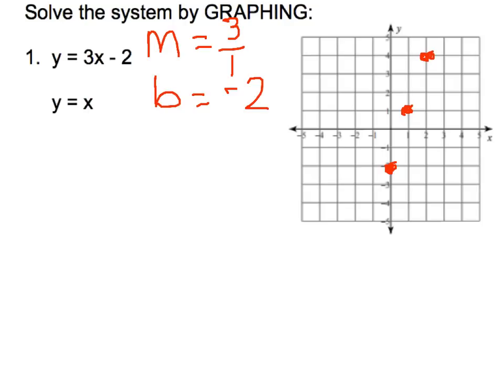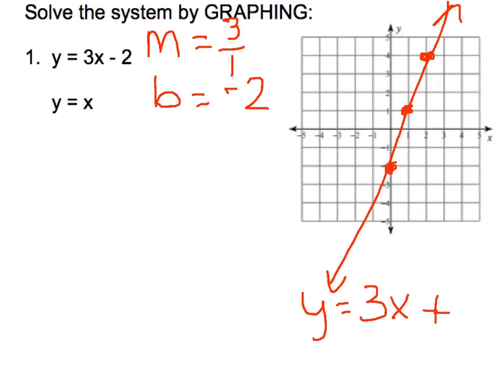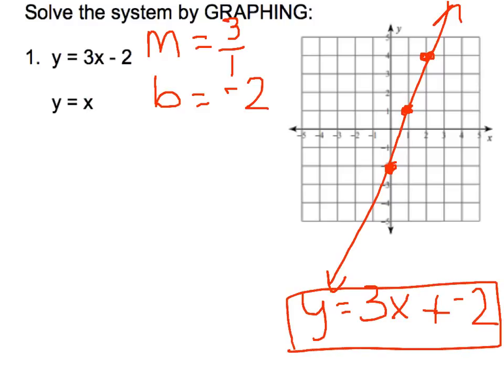Because of this technology tool that I'm using, a ruler does not work for me. So you are going to do a better job than I am, and that's the best that I can do right now. I'm going to label this equation. You can also see everything on my graph is color-coded, so feel free to color-code your homework as well. So my red line is y equals 3x minus 2.